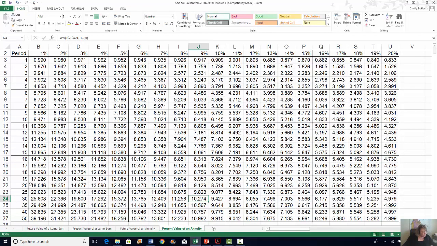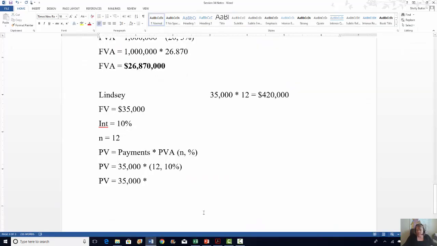So we need 12 N and 10%, and we get 6.814. So the present value of the annuity is $238,490.